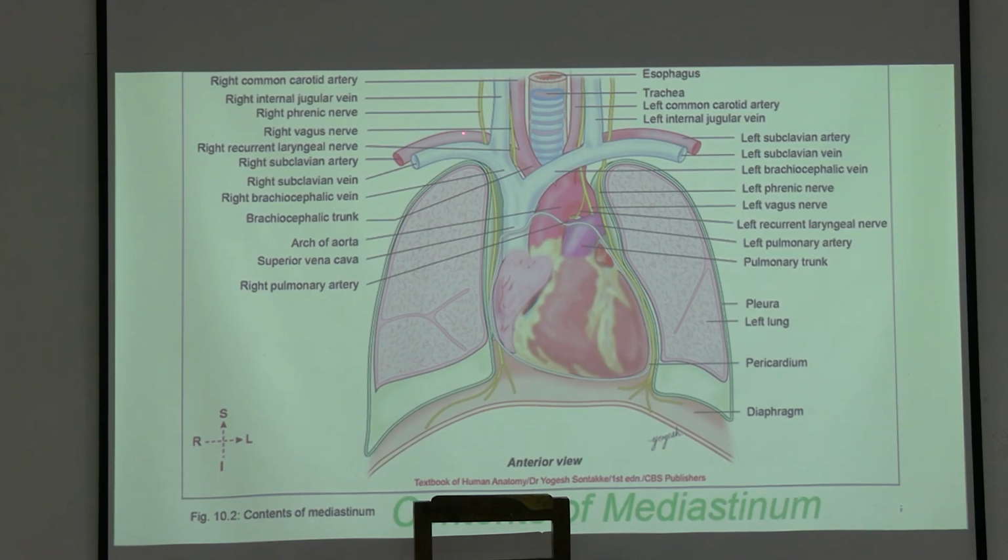So, right subclavian. What is the meaning of carotid? Carotid means sleep. If you press on both the carotids at one point of time, the blood circulation to the brain will stop. Gradually it will stop. So what will you feel?